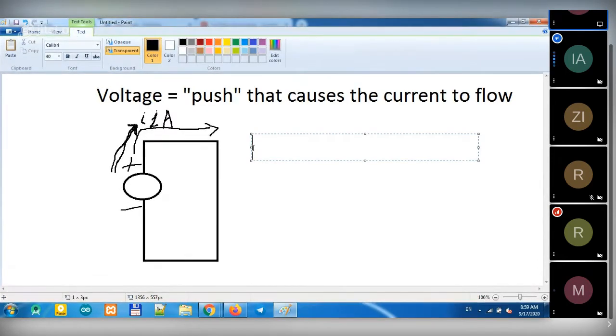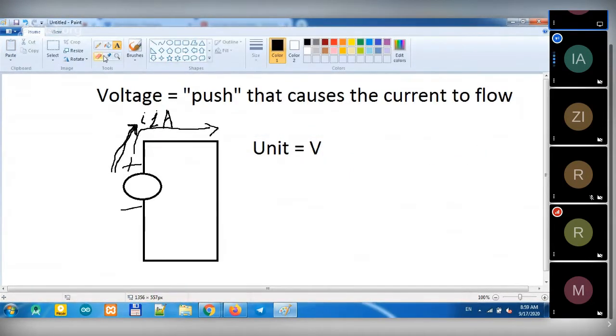The unit of voltage is V. If you see this capital V, it means voltage. Let's say we have 12 volts here. This battery is 12 volts and 1 amp. I'm sure you have heard about this type of numbers.